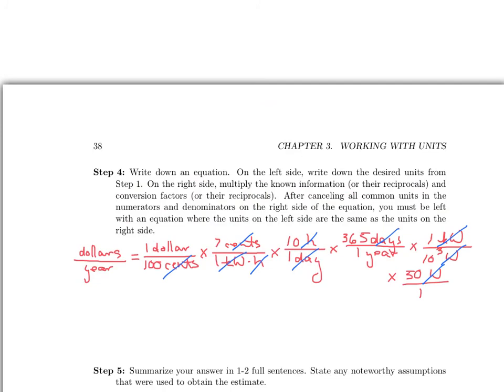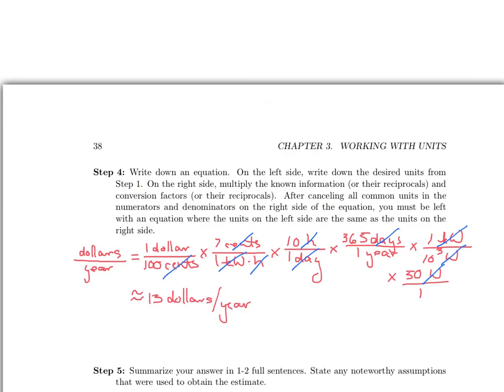So work those products out and then divide, and in the end you should arrive at an estimate that is about $13 per year. So that's our estimate for how much money we would spend running a laptop for a year if we had it turned on 10 hours a day and if the electricity cost 7 cents per kilowatt hour.